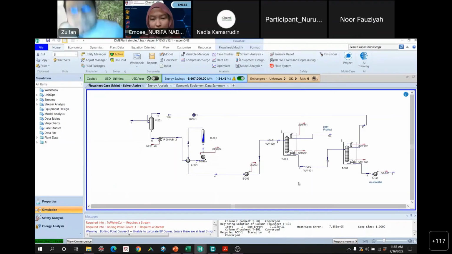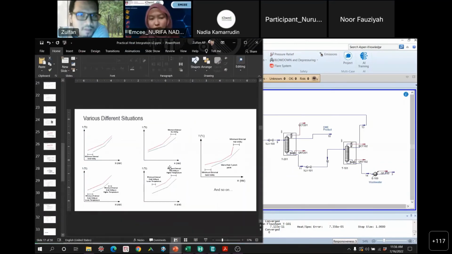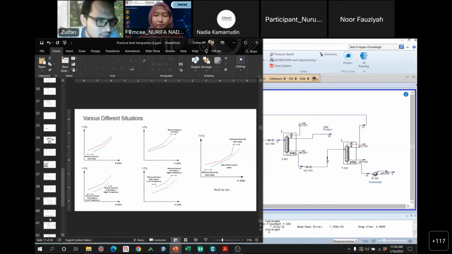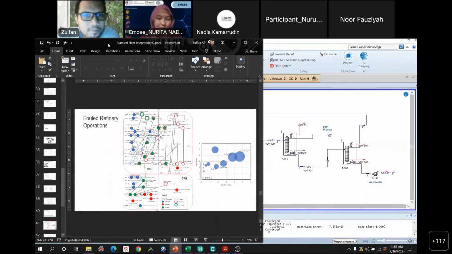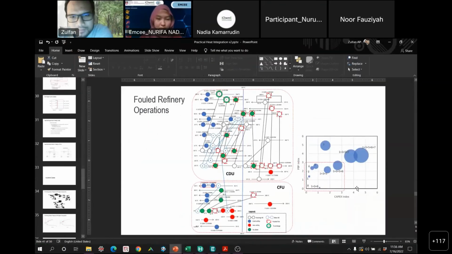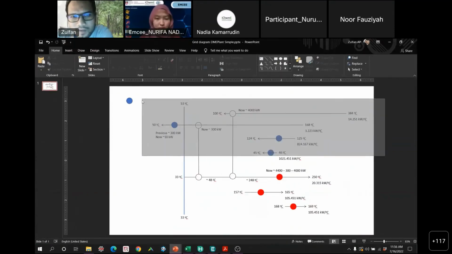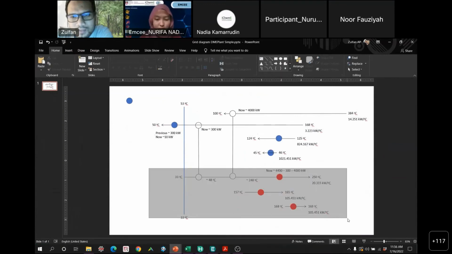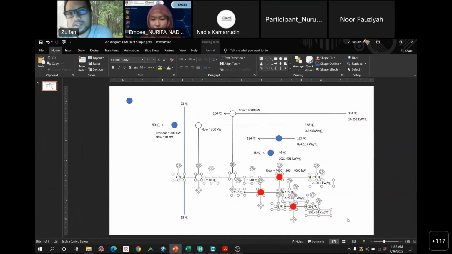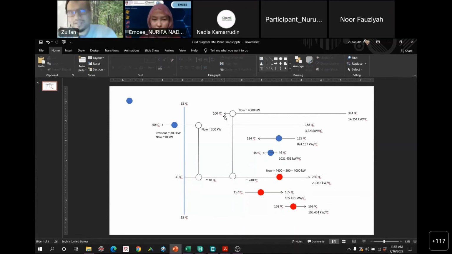Yeah, that's the practical question that we have to fulfill. Before I answer that, if you notice, I said before that I typically put the hot stream on the top and cold streams down here, just to have a consistent visual, meaning heat is transferred from the higher location to the lower location.